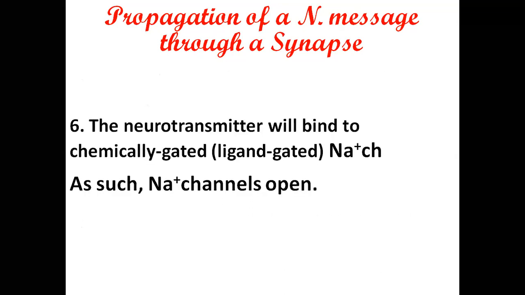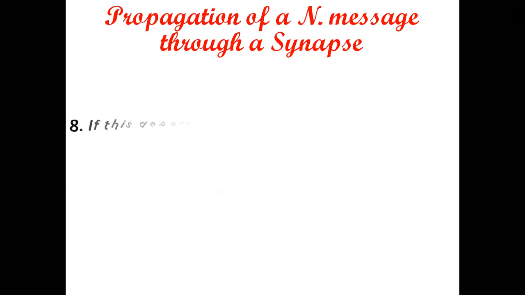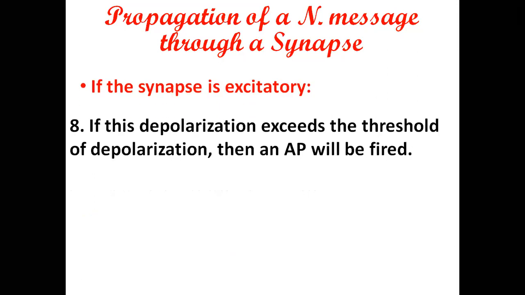If it's excitatory, the neurotransmitter will bind to which channels? To Na plus channels. They will open, so the Na plus will flow into the postsynaptic cell, causing depolarization. This we call EPSP, excitatory postsynaptic potential. And if this depolarization exceeds the threshold, we have an action potential.